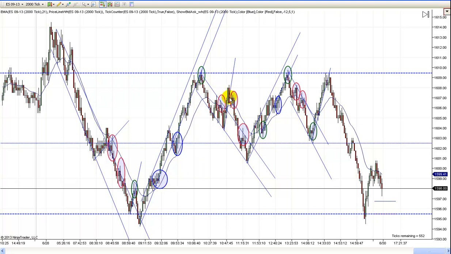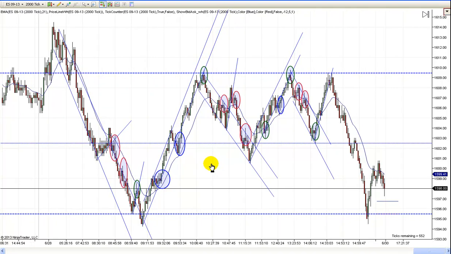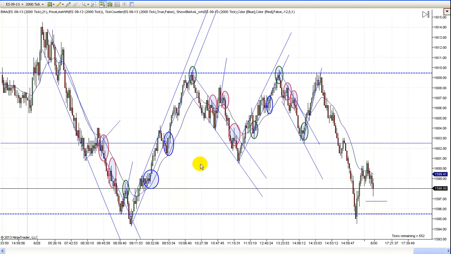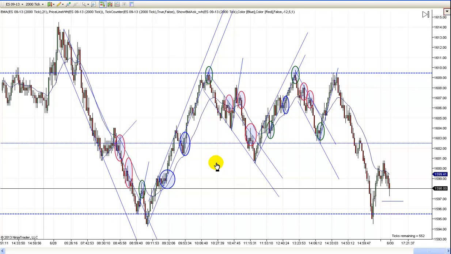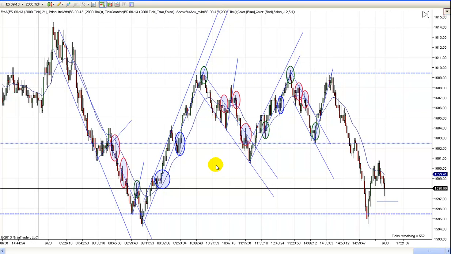And you may get a breakthrough, but there's going to be another move back with the trend after that, and that's what we're always talking about. So be patient, wait on the good setups, look for the traps, and don't be so eager to move. But at the same time, you can't be scared to pull the trigger.